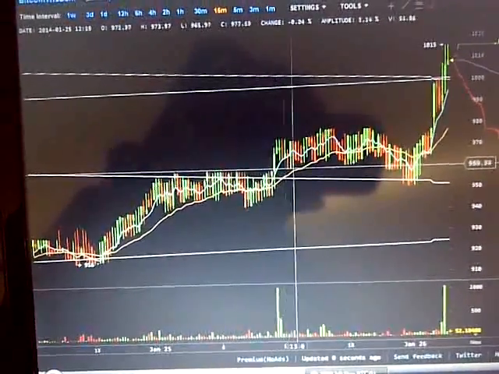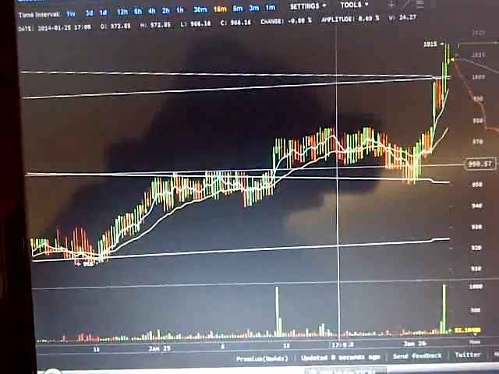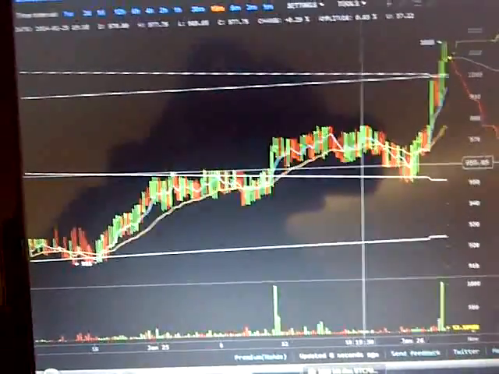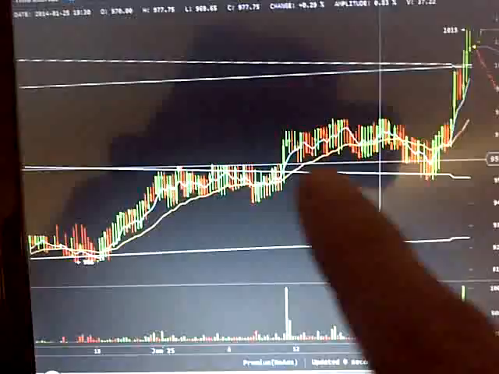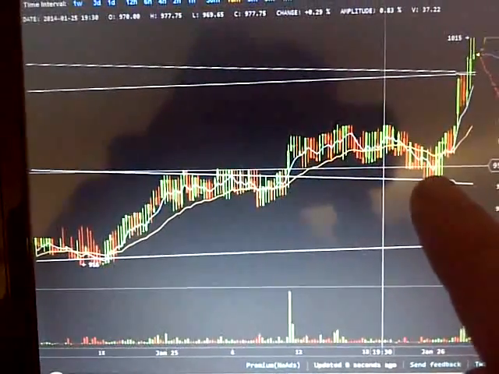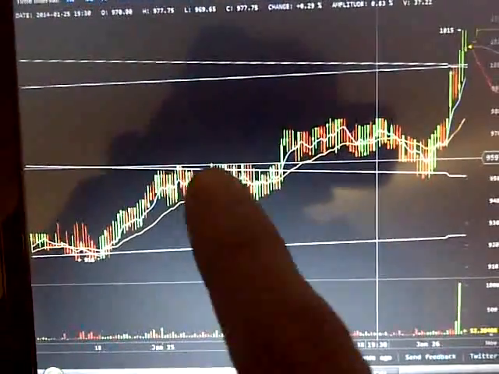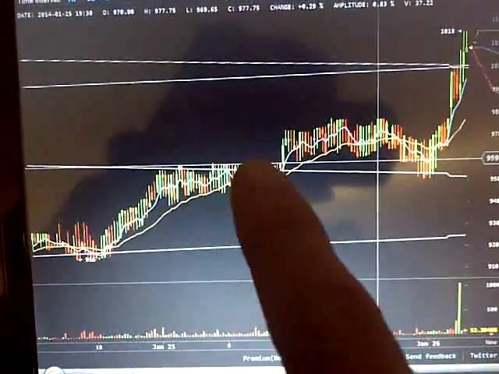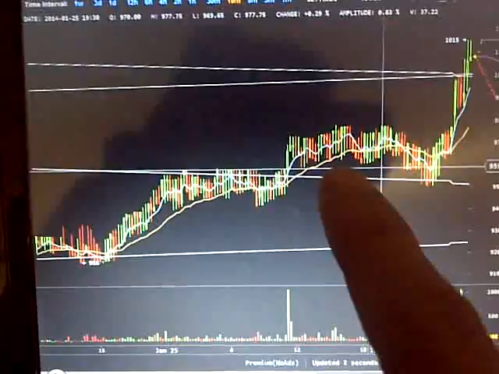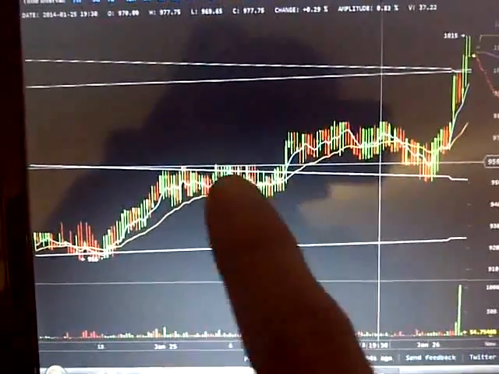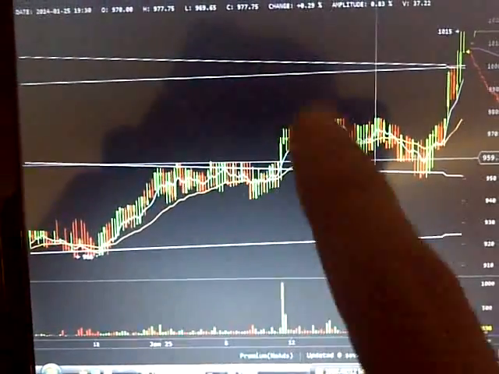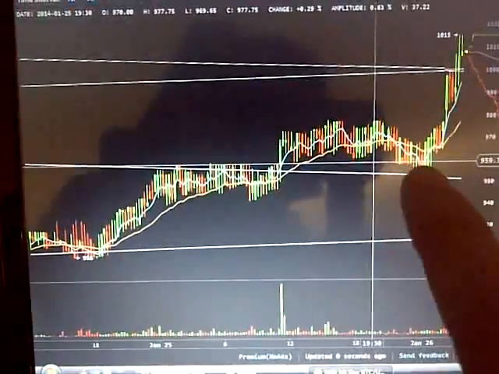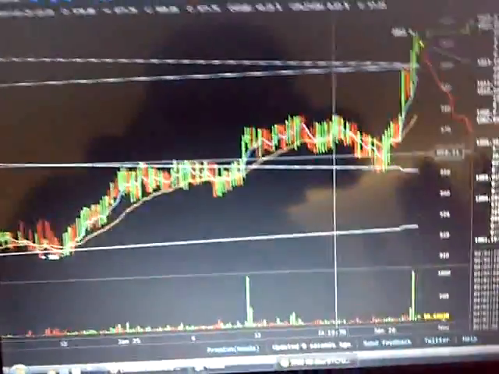A good time is usually right above where it's been hitting the resistance line. So you could put a limit order here, wait for this thing to move up, have it hit, and then bounce. That's an example.